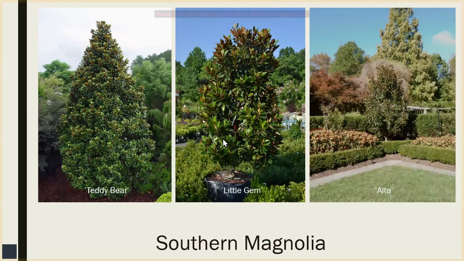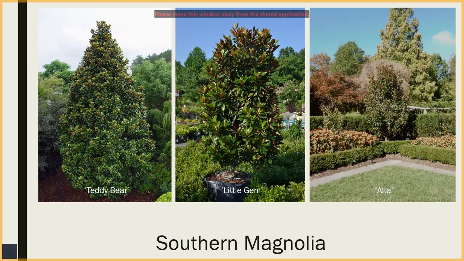We are kind of pushing the northernmost limits on them, but it's a great evergreen flowering tree to put into our gardens. And there's been a lot of developments in these, like many different varieties. Alta's a little more upright one where it doesn't spread out as wide, kind of goes straight up. Little Gem, this causes a lot of confusion because it's considered a small form of the magnolia, but it can still grow to be 30 feet tall.